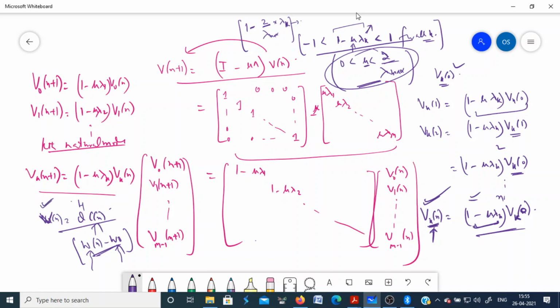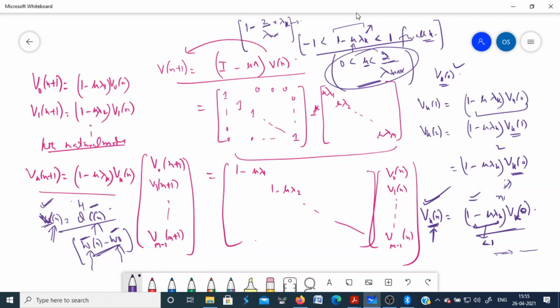So if this factor is less than 1, as n increases it will go on decreasing, and as n approaches infinity, it will approach 0. It means after so many iterations, w(n) and w0 will match each other. As a result, c(n) will become 0 ideally, and Vn also turns out to be 0. So the algorithm will reach a stable point in that case.